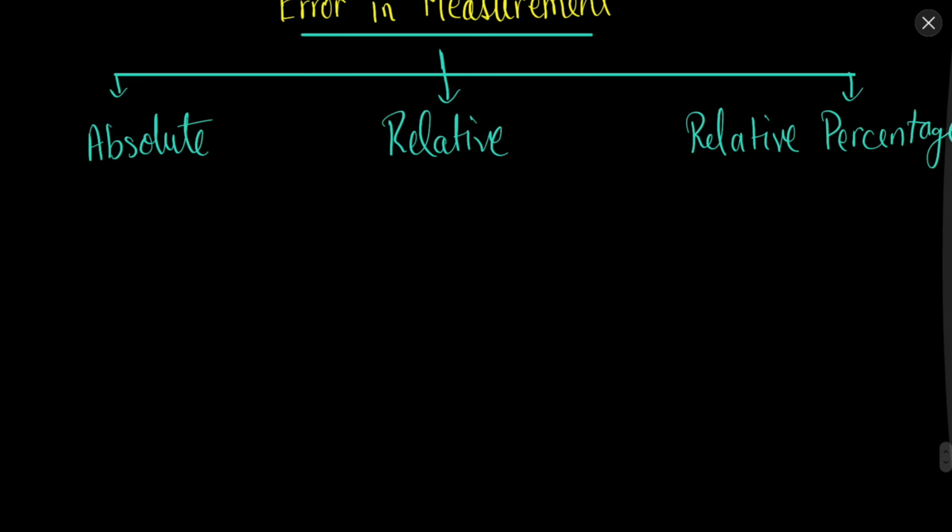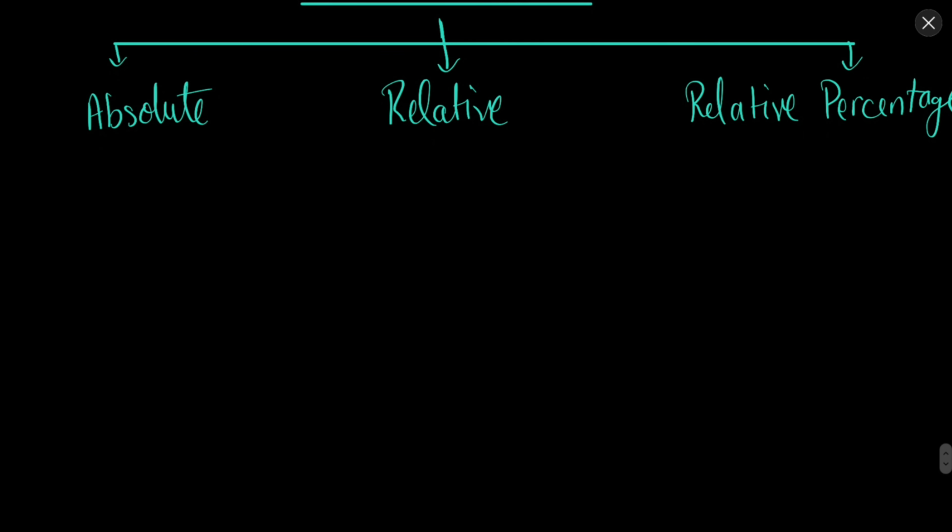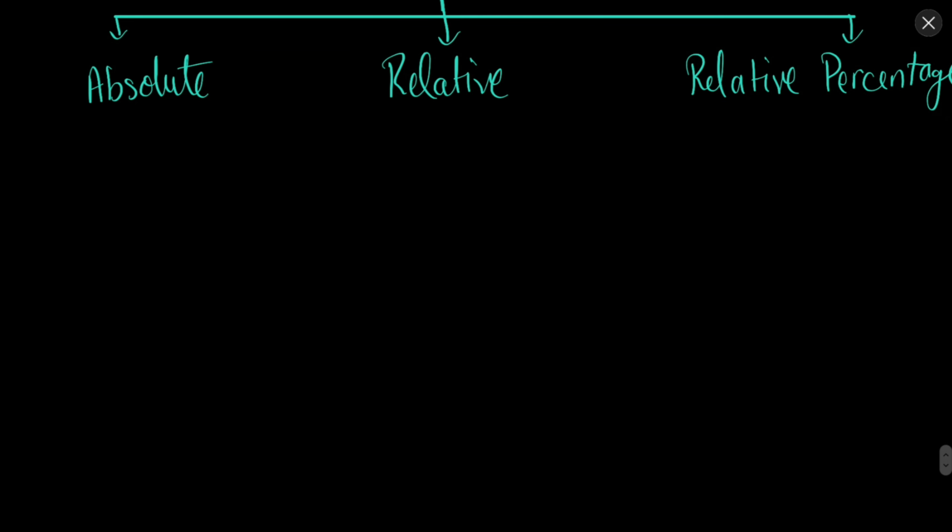We have the following values of the distances measured for a particular object. Now we have to calculate the absolute error, relative error, and the percentage error. So what are the values given?